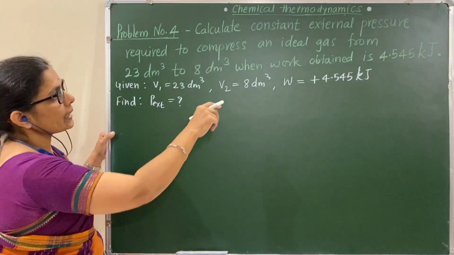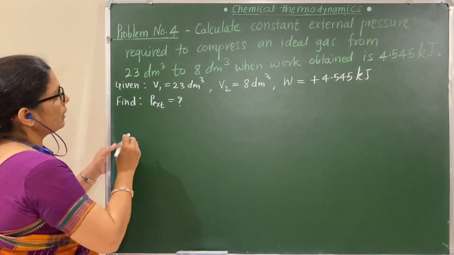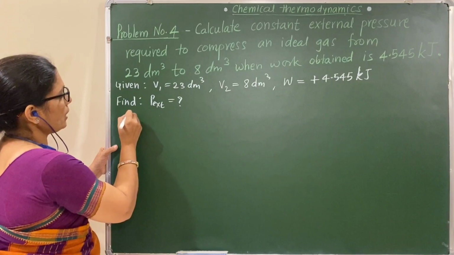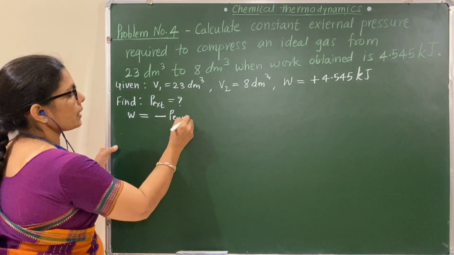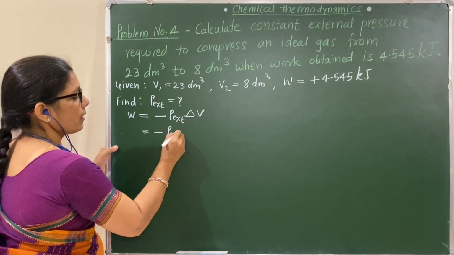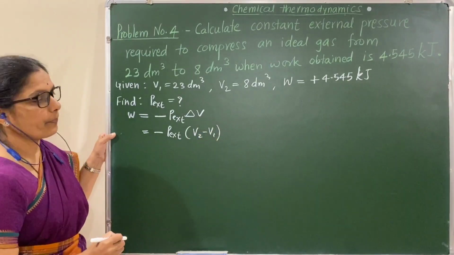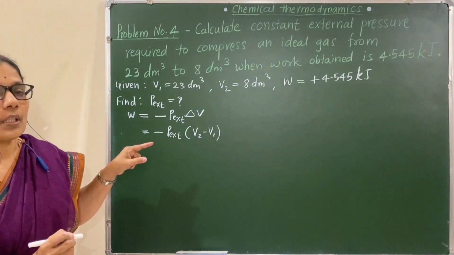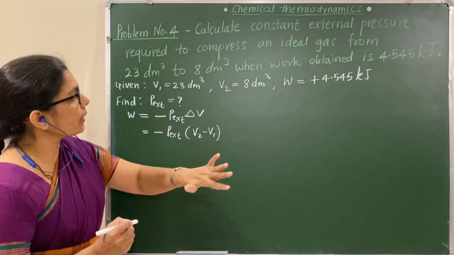Gas is compressed, therefore W is positive. External pressure is constant, therefore the formula is W is equal to minus P external delta V, that is minus P external into V2 minus V1. Before substituting values, first convert into the required unit.